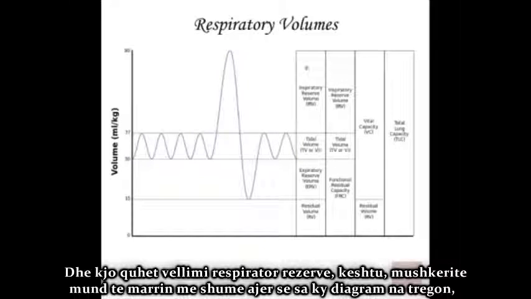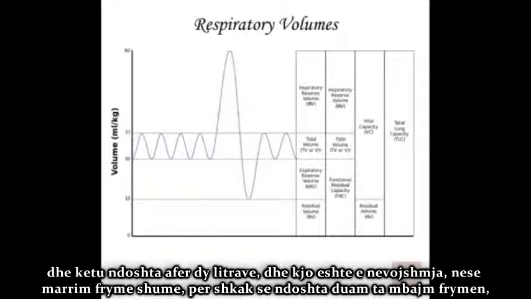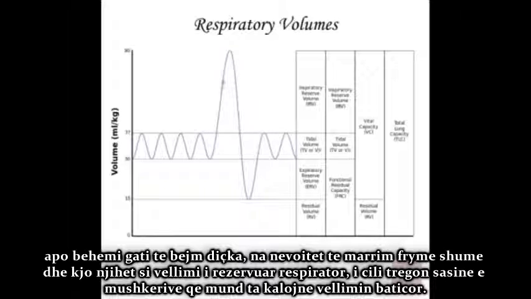That's called inspiratory reserve volume. Your lungs can take a lot more air in than you normally do with tidal volume, just 500 milliliters in, 500 milliliters out. Here I went another, maybe close to a couple liters. And that's when you need it. If you're taking a big breath because you're going to hold your breath or get ready to do something, you're going to need to take a bigger breath there.